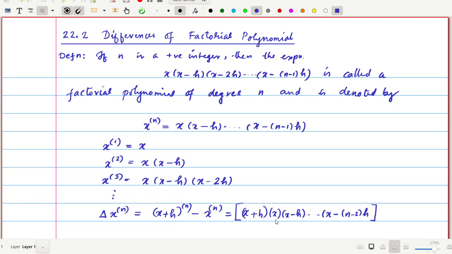We know that if we start from x minus 0h to x minus n minus 2h, we have n minus 1 factors, and including this x plus h, we will get total n factors in this bracket. Minus we have this x of n, that starts from x times x minus h times etc. x minus n minus 1h.